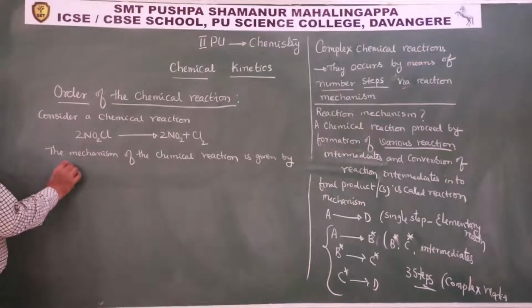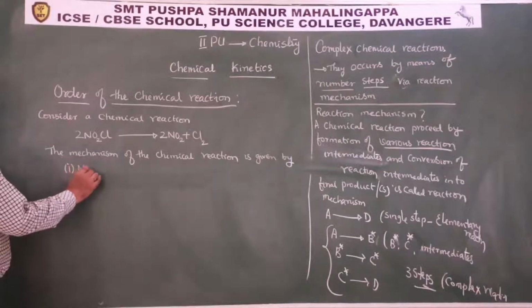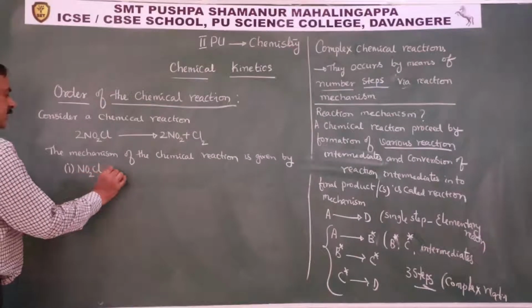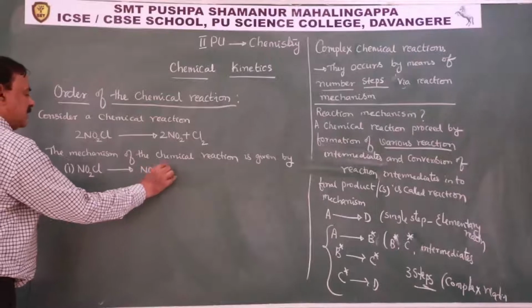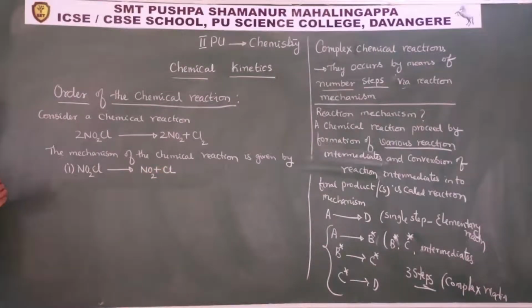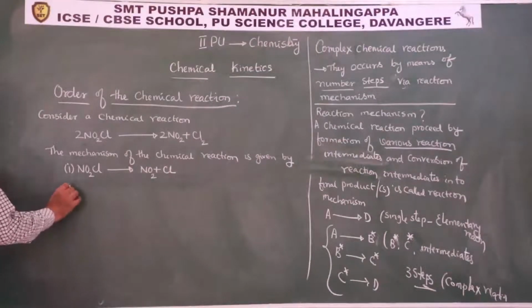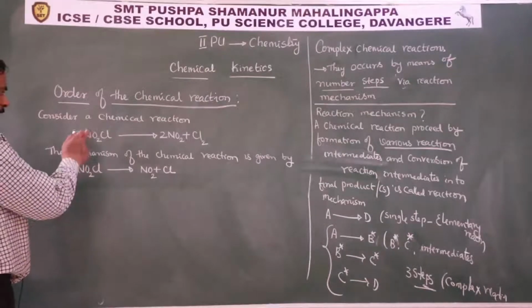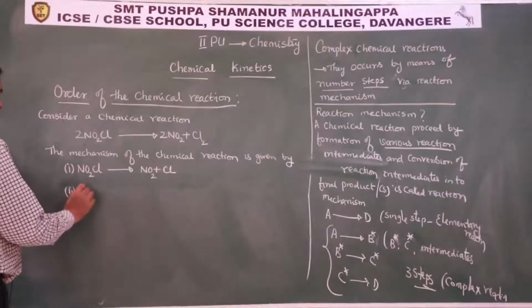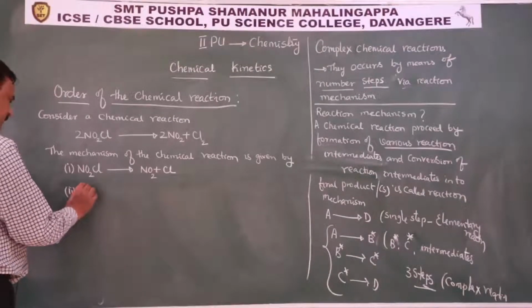In the first step, NO2Cl gives rise to NO2 plus Cl. In the second step, one more molecule of NO2Cl combines with Cl.